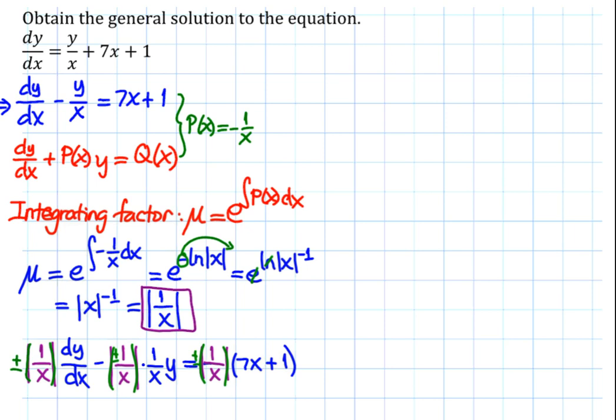So we may have plus or minus, I should say positive 1 over x if it is positive, or if 1 over x is negative, we have the opposite sign, so the whole thing will turn to positive. Notice that we have plus or minus on both sides, so we just cancel all the plus or minus on both sides. So bottom line is, instead of multiplying by the absolute values, we just multiply by 1 over x, meaning without the absolute values. So the absolute values is not necessary, we just multiply 1 over x.